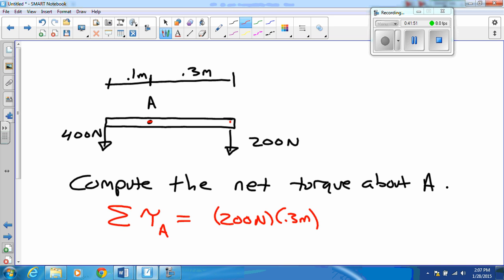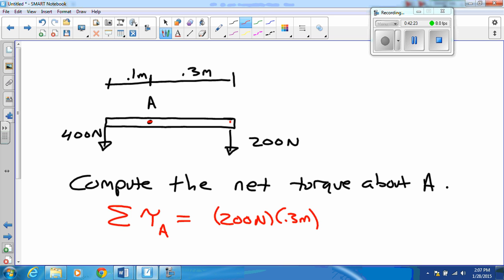And we're also going to pay close attention to sign. Our sign convention is that any force that rotates me counterclockwise exerts a positive torque. Any force that rotates me clockwise exerts a negative torque. So I take a look at point A, and I visualize this 200 Newton force. If it operates, is it going to have a tendency to rotate clockwise or counterclockwise?